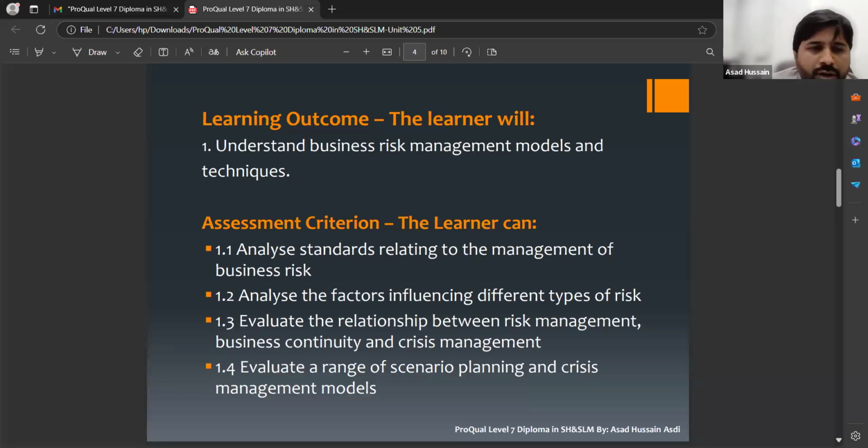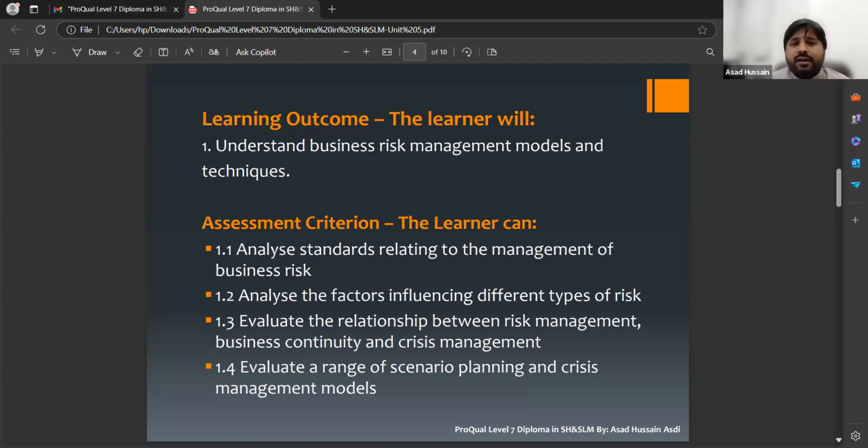So in the first assessment criteria, a learner should analyze the standards they have at their workplace or in their organization, whether they have their own business risk management system, and whether they have integrated ISO 31001, or they have ERM there in their organization.